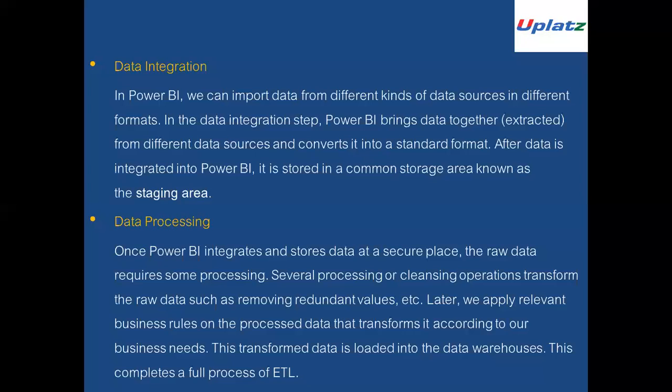First, we pull the data from the multiple data sources, and then it is converted into a standard format and stored in a common storage area. We call it a staging area, and then the data is ready for processing. There we apply several processing or cleaning operations to transform our raw data. Raw data is data which is not in the expected format, which is in an unstructured format.